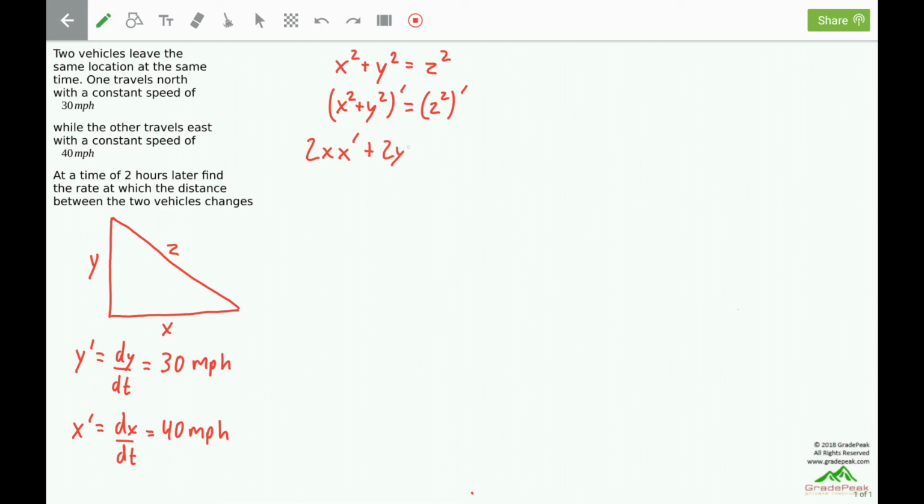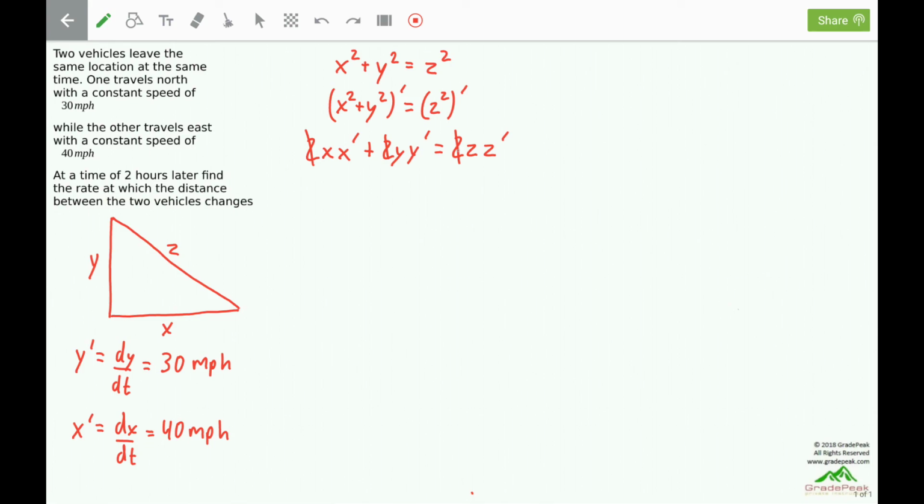Bring down the power, subtract 1 from it, and then multiply by the derivative inside. There's the prime for that variable y. And on the right side, again, we have a power rule. Bring the power down, subtract 1 from it, and then multiply by the derivative inside. There's the z prime. We can divide both sides by 2, so the 2's will cancel out. And there's our related rates formula.